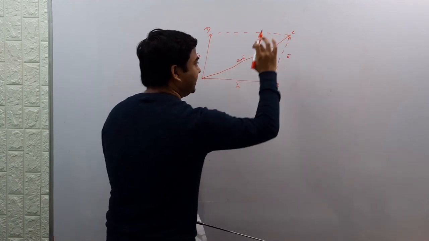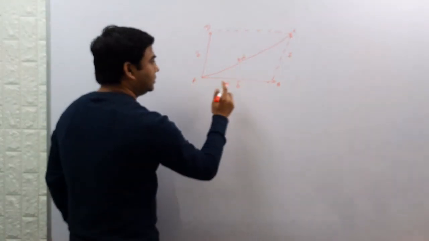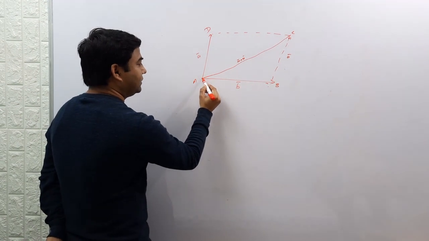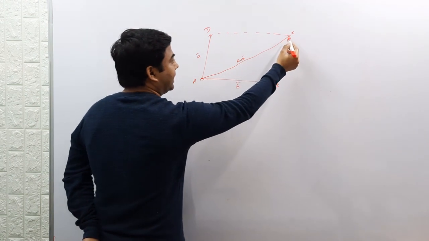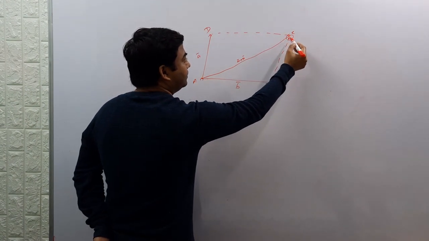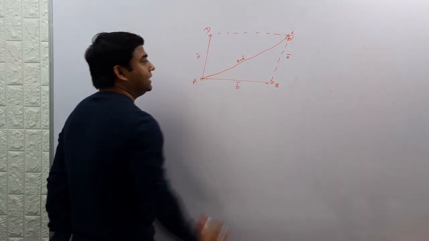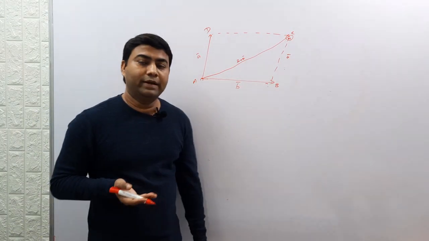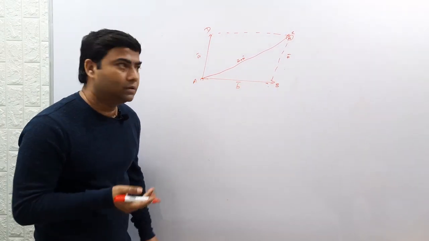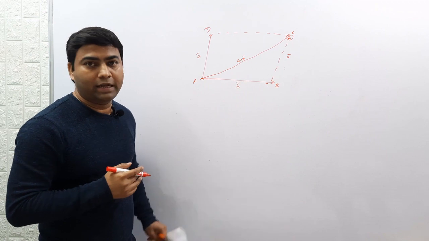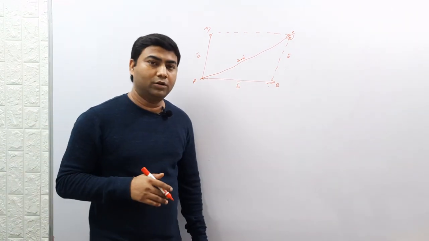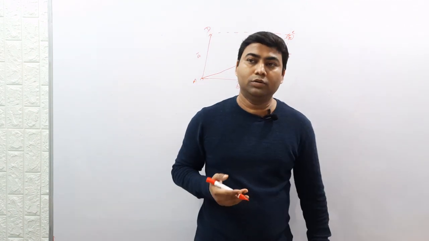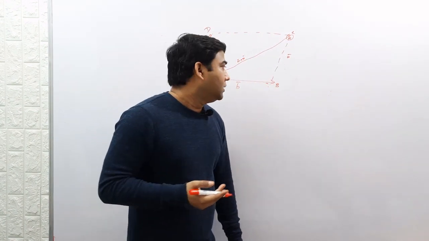So this vector is A. As per the triangle law, the resultant vector will start from the free tail of vector B and end at the head of vector A. So this will be A plus B, the resultant vector based on the triangle law. So both are the same actually. The parallelogram law and the triangle law are both the same.